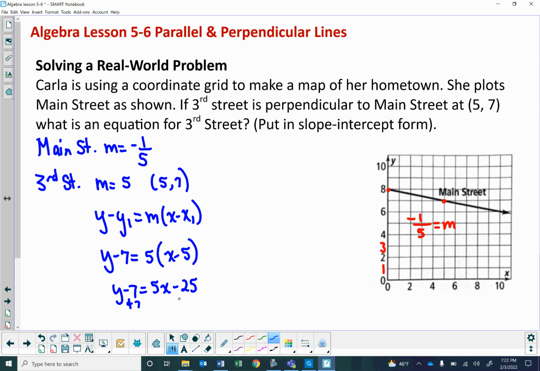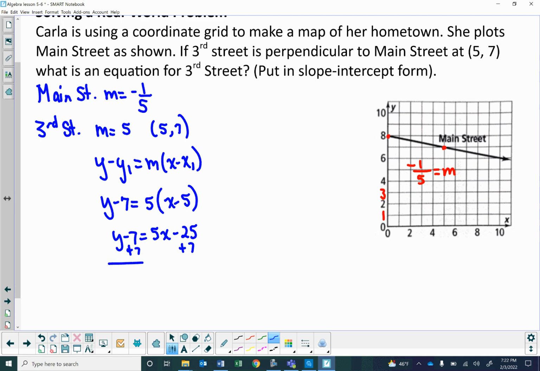Add 7. y = 5x, and -25 + 7 is -18. So y = 5x - 18. So the equation of 3rd Street is y = 5x - 18.